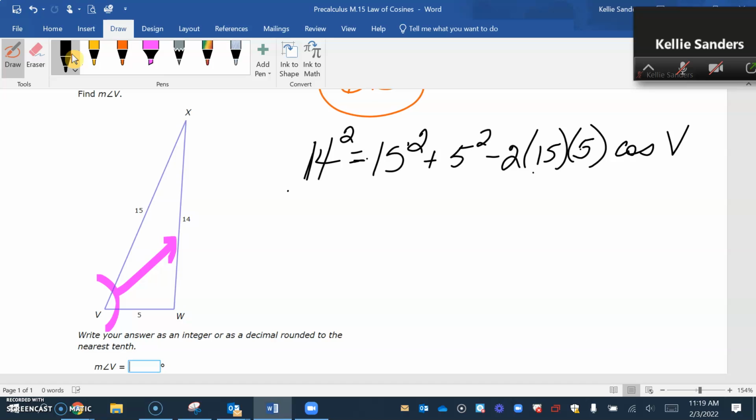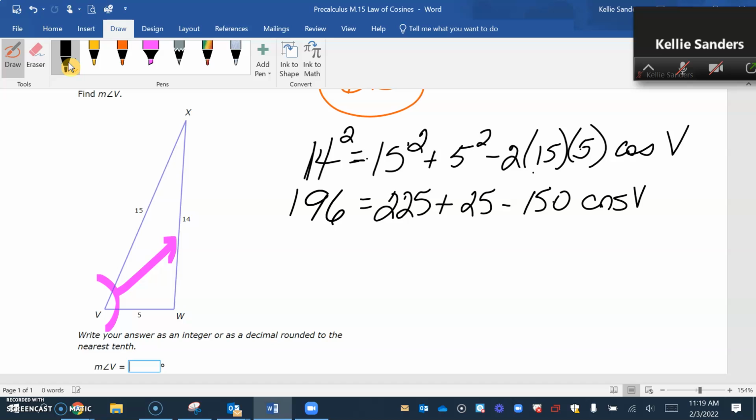So 14 squared is 256. No, it's 196. Good Lord. 196 equals 225 plus 25 minus, and this time I'm going to multiply them together, 2 times 15 times 5, which is 150, cosine V. We're going to put those two together.